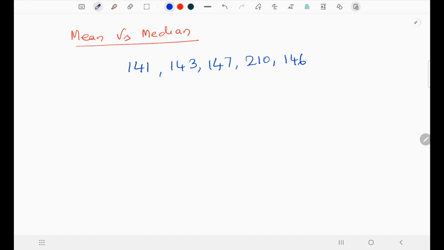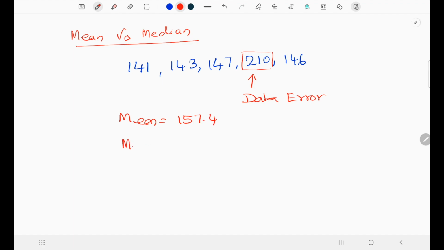If you see here, the range is near about 140, right? This 210 is an outlier. This outlier is called a data error. So in this situation, if you find the mean, it comes to 157.4.